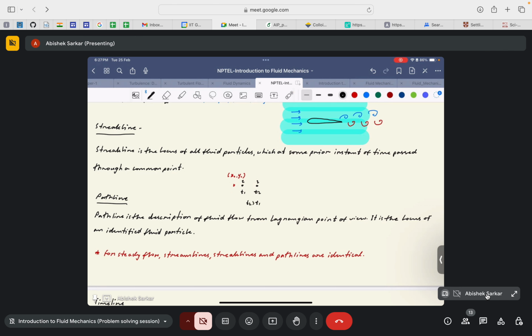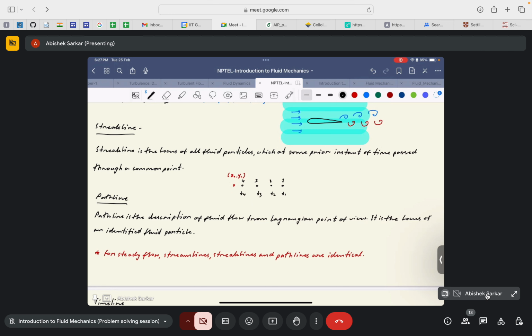Similarly, molecule 3. Sorry, I numbered it wrong. This should be the first molecule because it has covered a longer distance. This should be molecule 2, molecule 3 and molecule 4. Let us deal with 4 molecules now. So t1, t2, t3, t4.